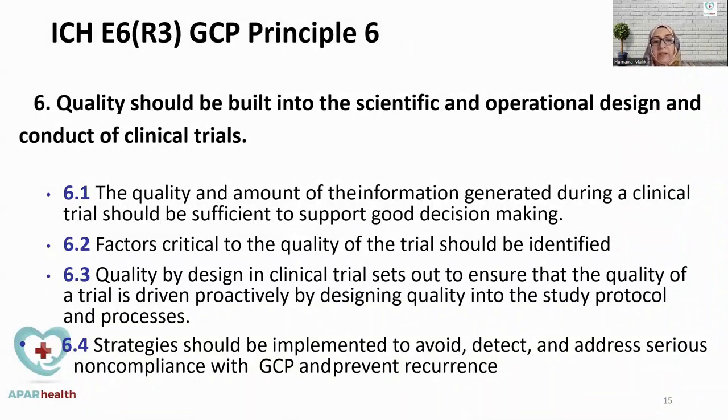And definitely there should be strategies implemented to avoid, detect, and address serious non-compliance, because non-compliance becomes one of the important factors which can invalidate the trial, and the recurrence of it should always be prevented, especially through the GCP guidelines.